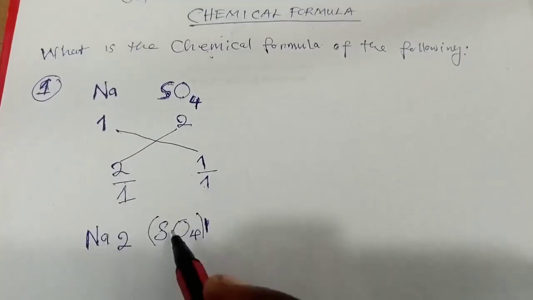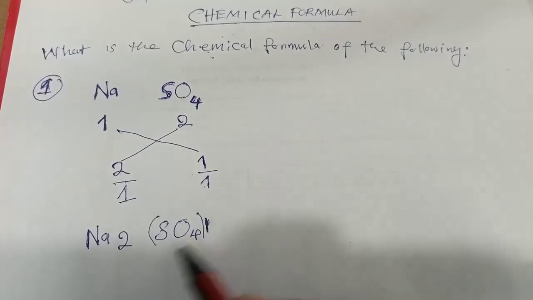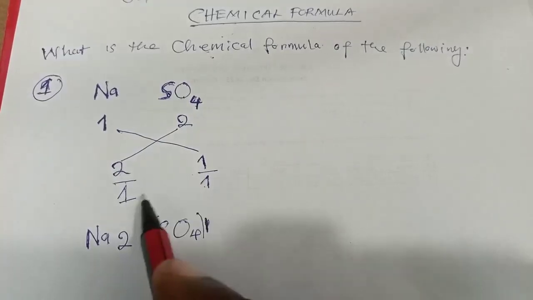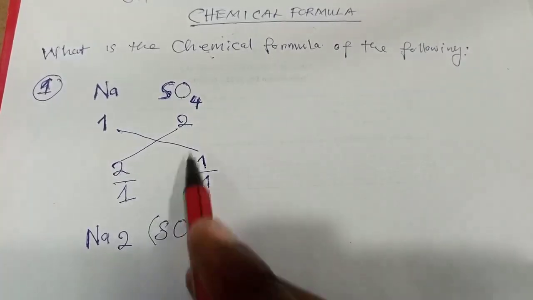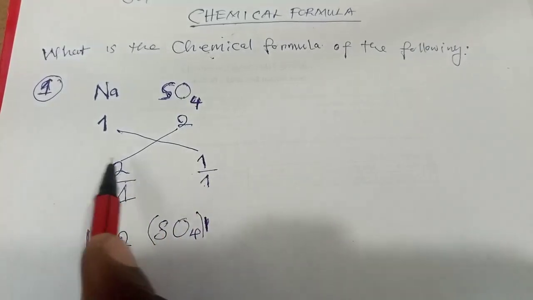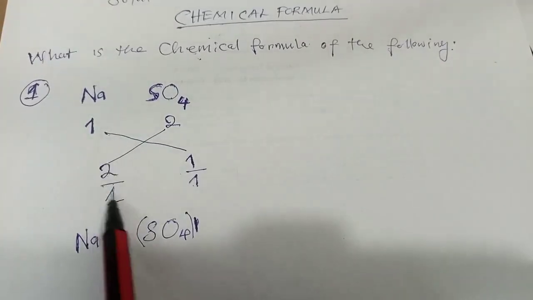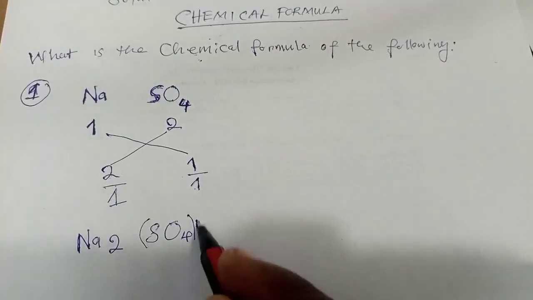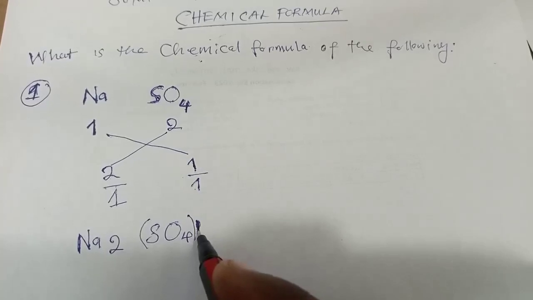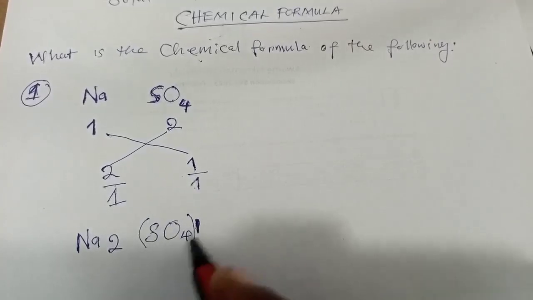Note that if the number that you have exchanged with any metal, or it can be a radical, is greater than 1, then put this in brackets.